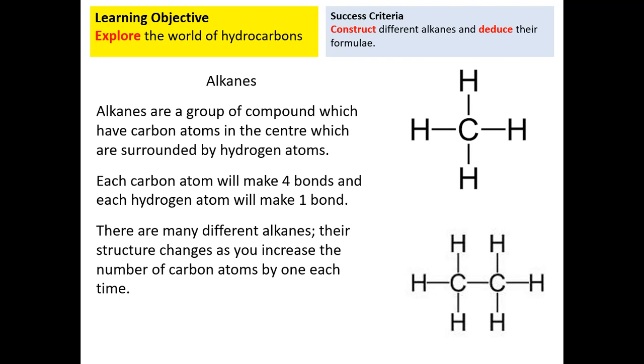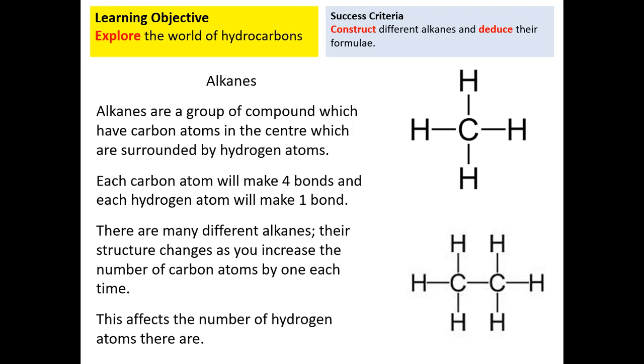As I've already said, there are lots and lots of different alkanes, all changed by the number of carbon atoms, which then ultimately affects the number of hydrogen atoms. You can continue adding carbon atoms to those chains for infinity, really, and they do become very long, and that affects their structure and properties, which is what we're going to be looking at tomorrow.